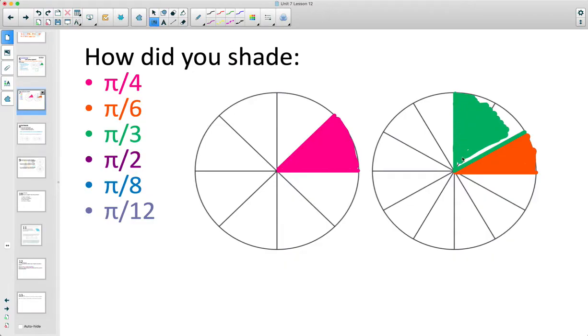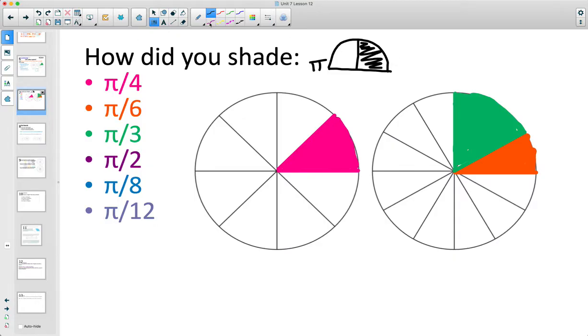And then pi over 2. You could do this in whichever circle you needed to, because we can certainly do this in any. So pi over 2 would be taking half the circle and dividing it in half. So we've got pi here, and we would want to do this.